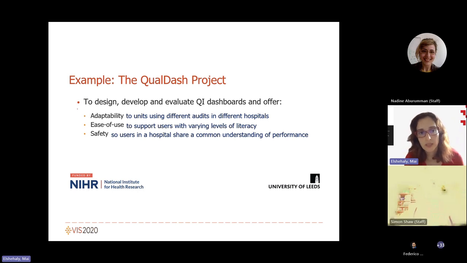But despite the adaptability that was needed, it couldn't have been anything like Power BI, for example, because one of the really key requirements was that it needs to be really easy to use. The expectation is for very busy clinicians and healthcare professionals to be able to click, one click at maximum, no more than that, and be able to tell something about what was going on in their unit.